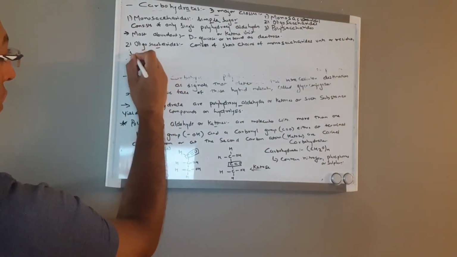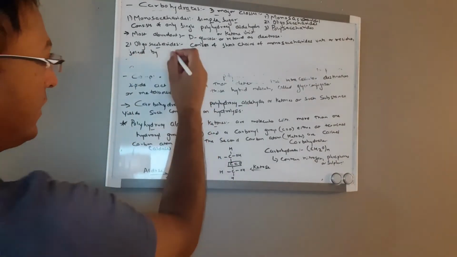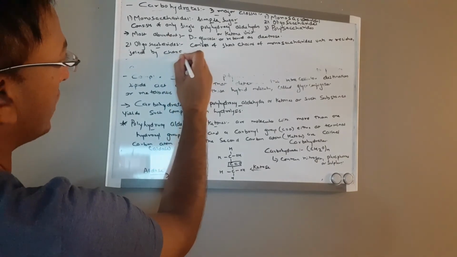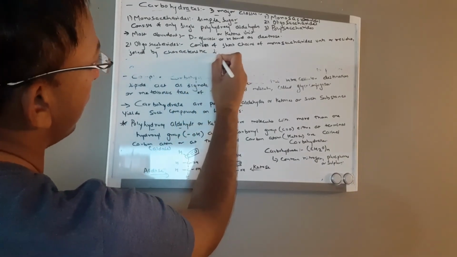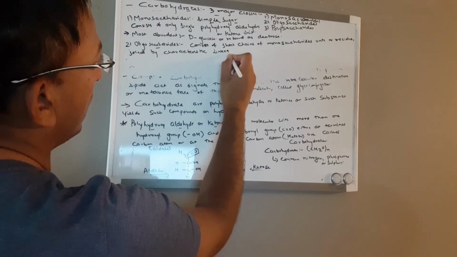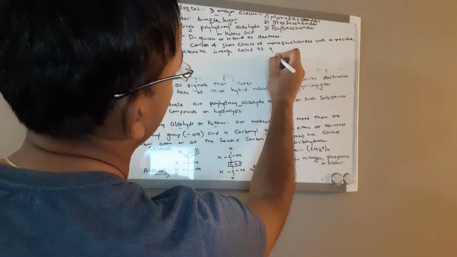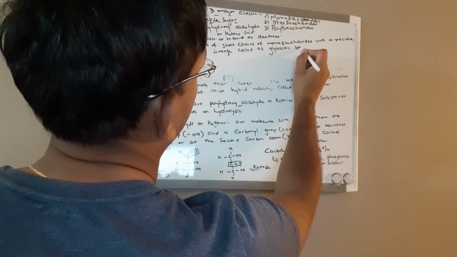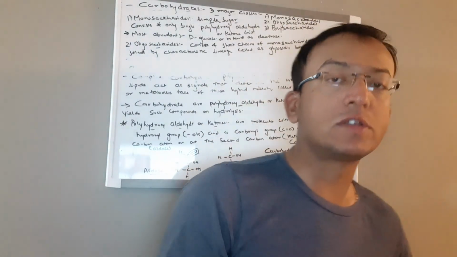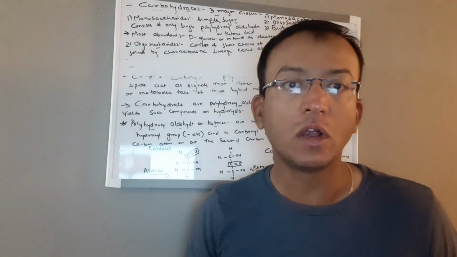And they are joined by a characteristic linkage called a glycosidic bond, like the peptide bond for proteins. This is the glycosidic bond for the carbohydrates, right?